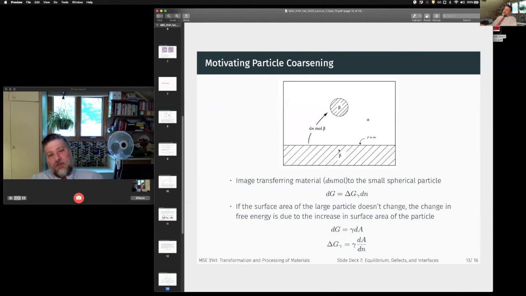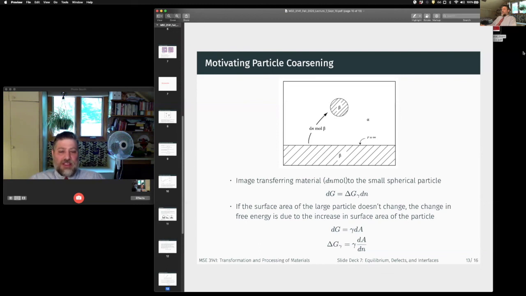So if we're in our solid, what happens if we diffuse material from a big beta precipitate to a small beta precipitate, right? So if we transfer some dn, a little tiny amount of material, this is going to grow, right?